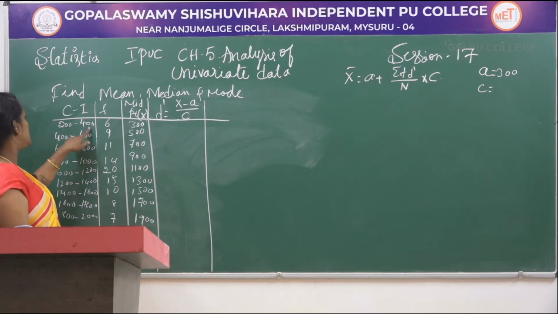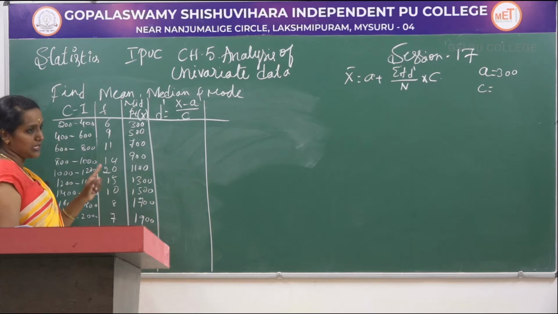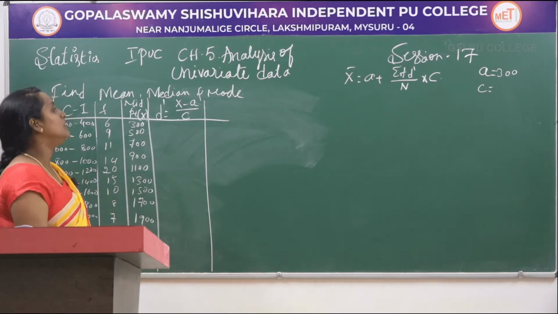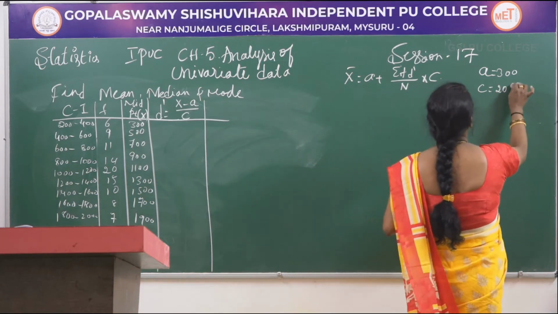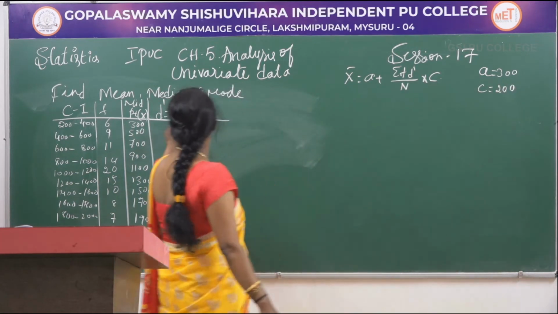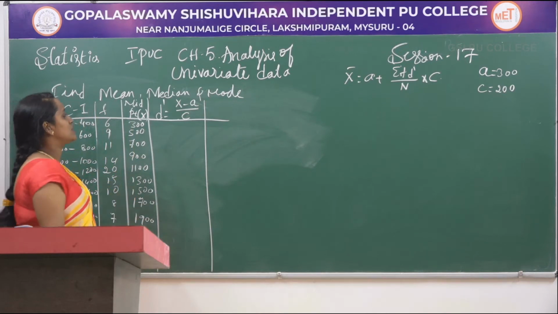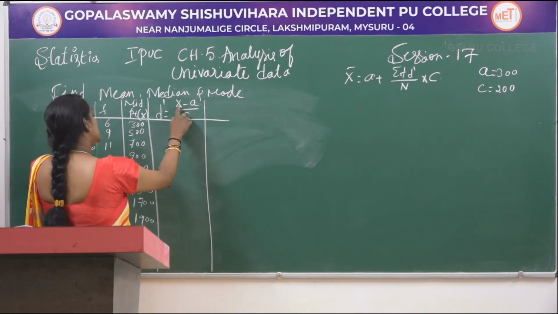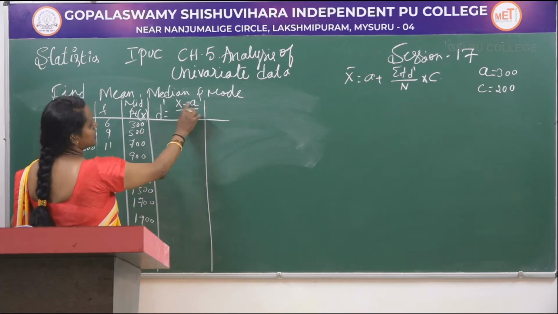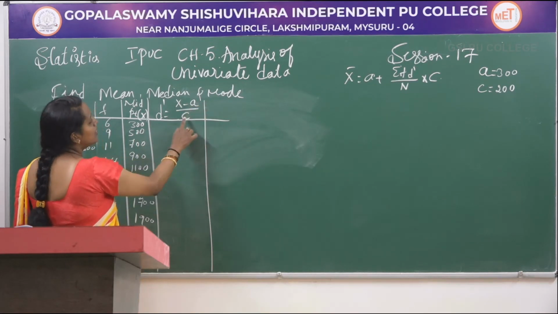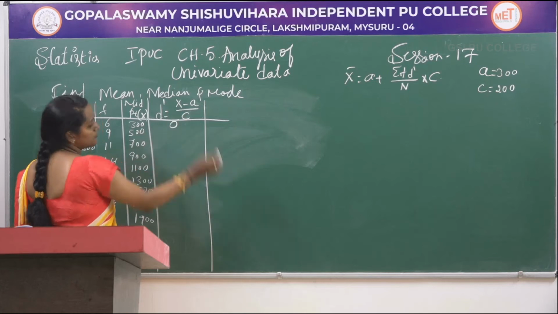We take the difference of upper limit and the lower limit so that we will get the width of the class interval. For this it is 200 and x values are this. One calculation I will show you to find d dash. Here x is 300, a is again 300, 300 minus 300 it is 0, by 200 it will be 0.